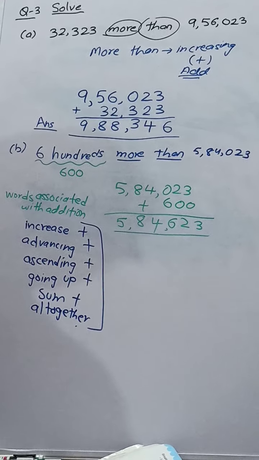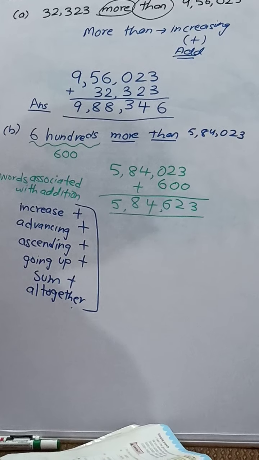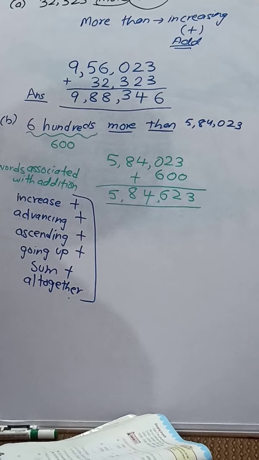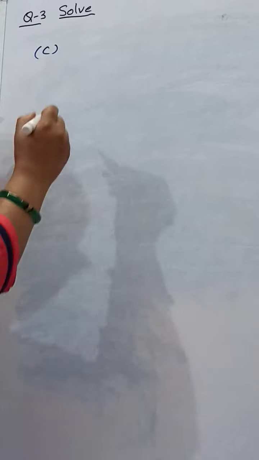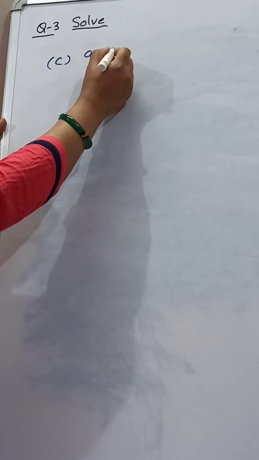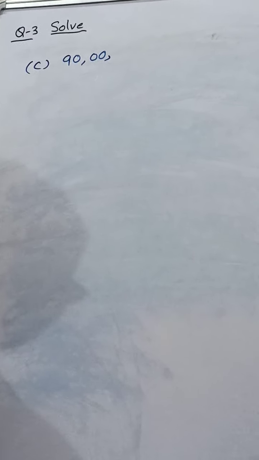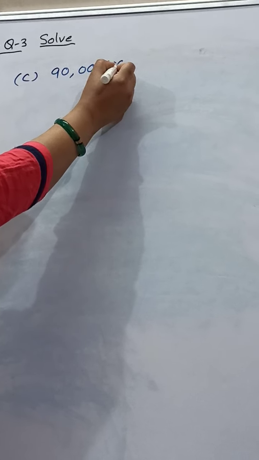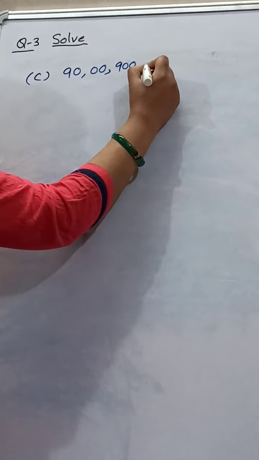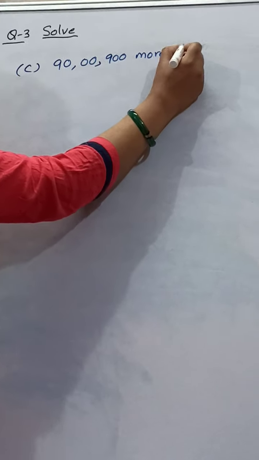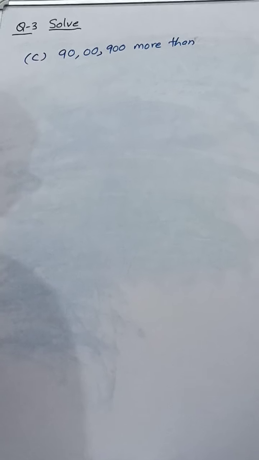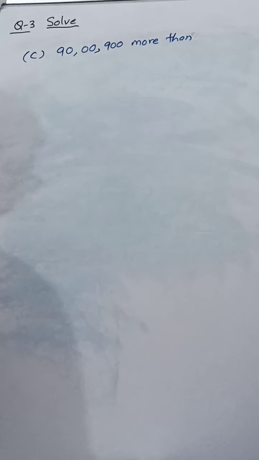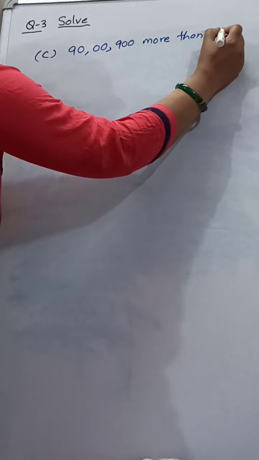Let's move on to the third part. So now C part. You have to find 90 lakh 900 more than 78 lakh 63,665, right?